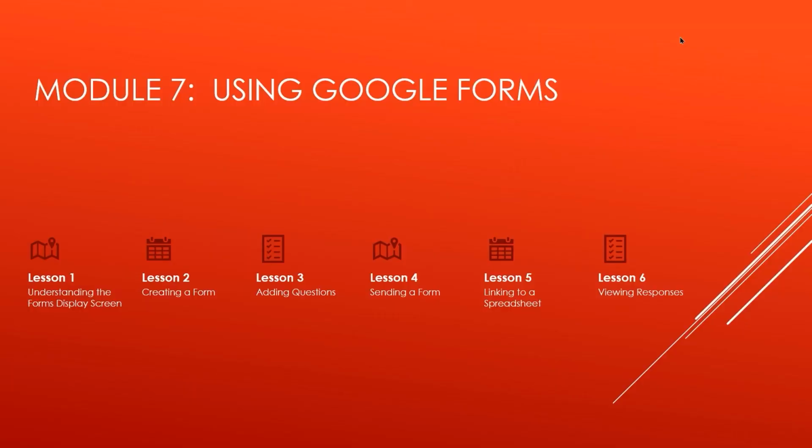In this module, we focused on using Google Forms. We started by getting into Forms and understanding the Forms display screen, and then we created a form. We added sections and then questions, and then you learned how to preview your form, and we decided to add a theme to it for some more visual appeal.